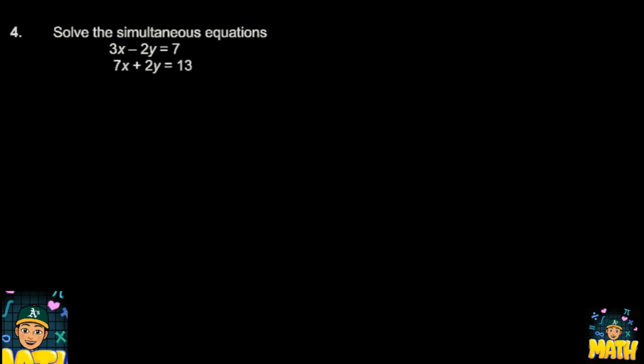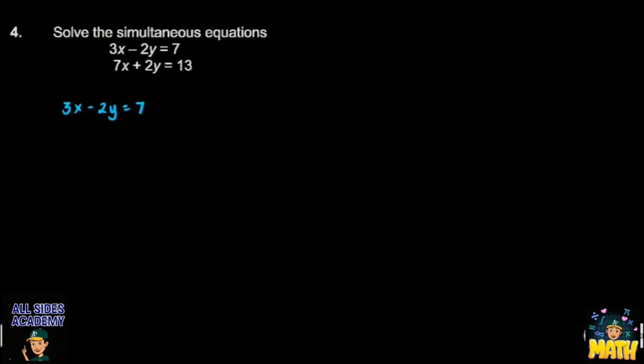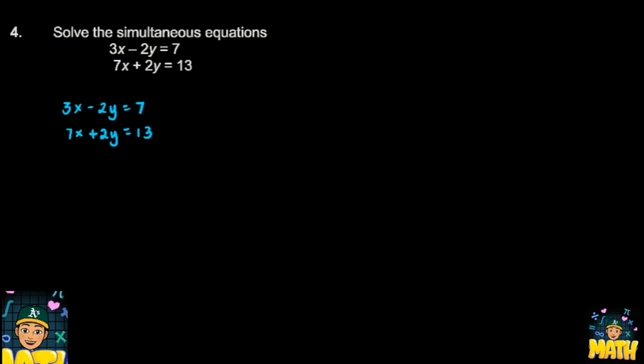Solve these simultaneous equations. Now here you will notice that there's an unknown that has the same coefficients, that is the y. So it's easy for us to actually just eliminate that. So remember we said when the operations are different, we add them. So in this case, we are going to add the two equations for us to be able to eliminate the y.